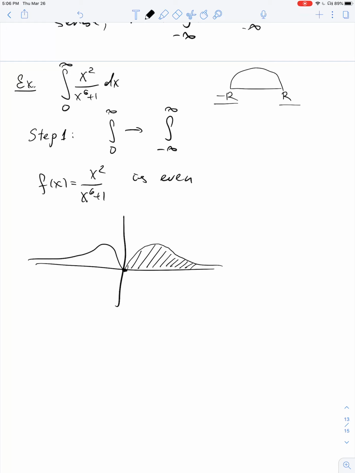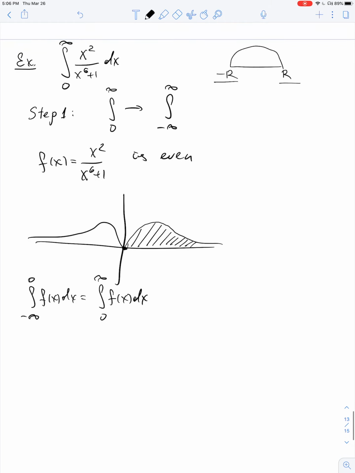Okay. So we know that the integral from minus infinity to 0 of f of x dx is equal to the integral from 0 to infinity of f of x dx. And this is because it's an even function, so this shaded area is equal to this area.